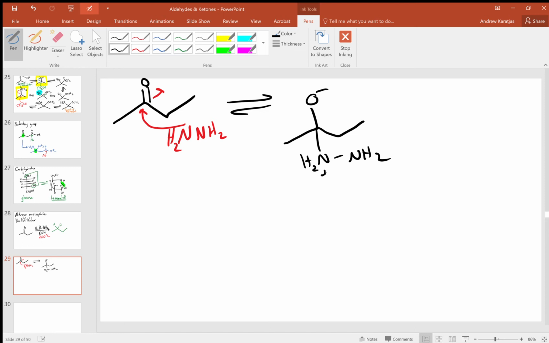This tetrahedral intermediate will now undergo a proton transfer. Given we have this negatively charged oxygen, it's going to be happy to accept a proton from this positively charged nitrogen, giving us that intermediate.